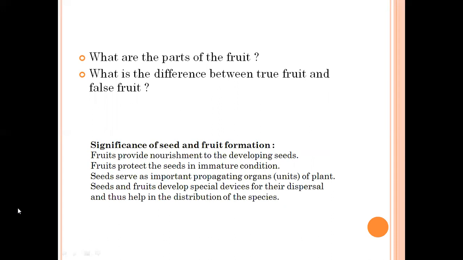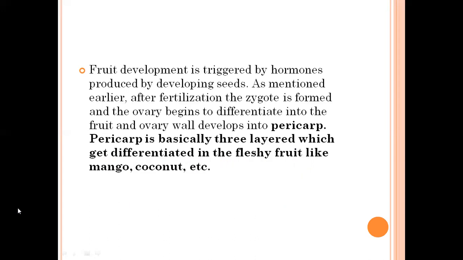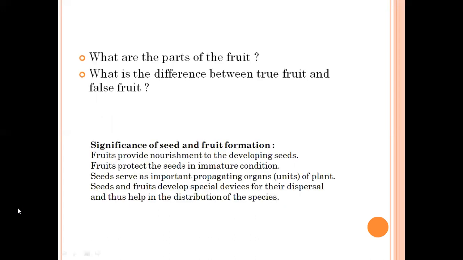Just now we have seen: pericarp and seed. In some fruits like mango, the pericarp is divisible into three layers, outer epicarp, middle mesocarp, and innermost endocarp. So the first part of the fruit is pericarp, and inner to that there is the seed or seeds.